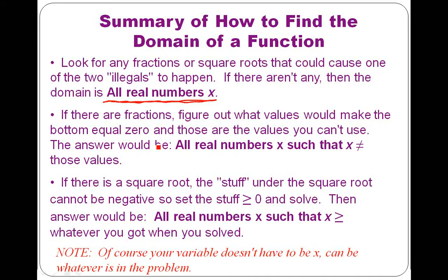Those are the values you can't use. The answer would be all real numbers x such that x cannot equal whatever that value was. If there is a square root, the stuff under the square root cannot be negative, so set the stuff greater than or equal to 0 and solve. The answer would be all real numbers x such that x has to be greater than or equal to this number. Of course, your variable doesn't have to be x. It can be whatever variable is in the problem.